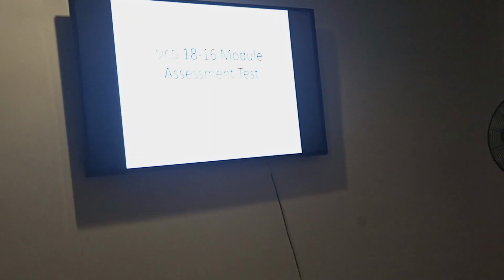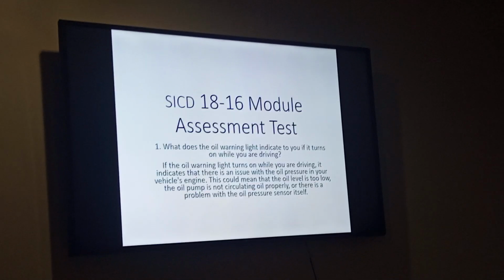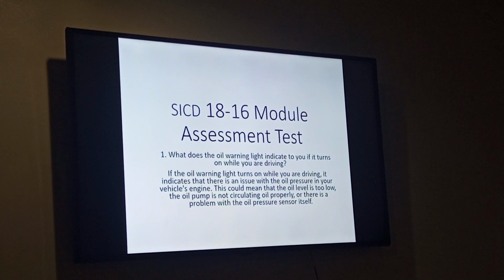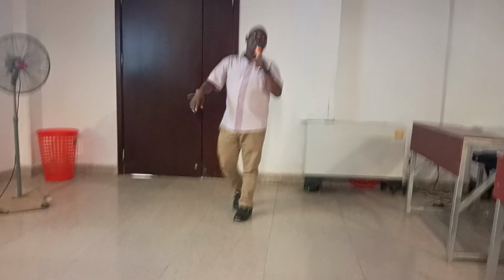For example, this says, what does the oil warning light indicate to you if it turns on while you are driving? Assuming you take off now, and after a short distance you observe that the oil warning light begins to blink.